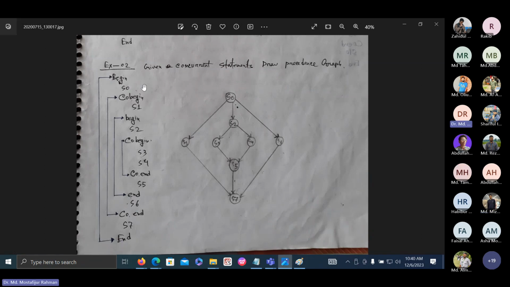This can be your program. Statement means, for example, x equal to x plus 1. S1 can be printf. S2 can be z equal to m plus n, or any other small task. We can call these statements.